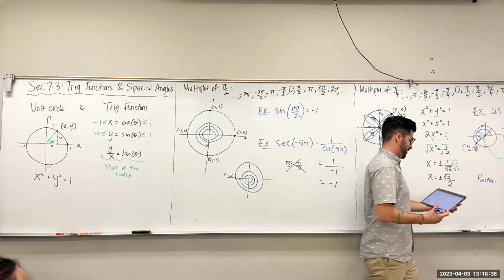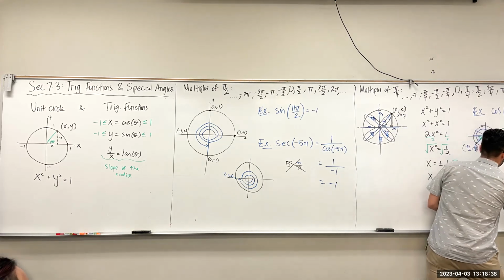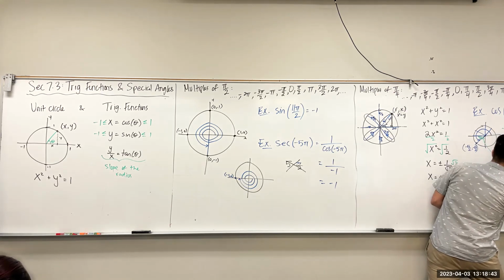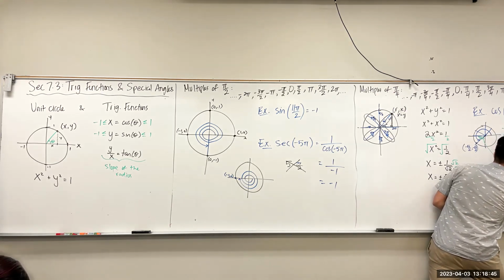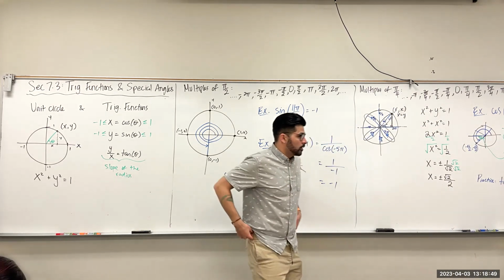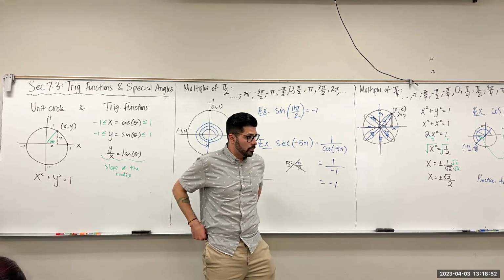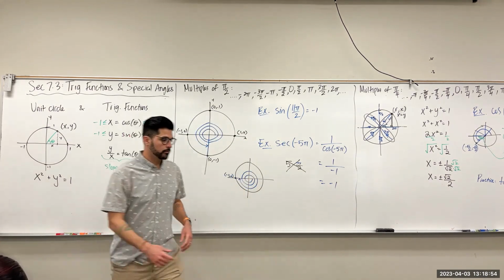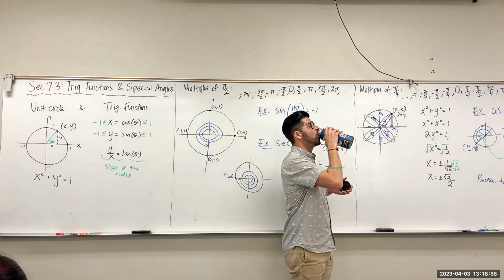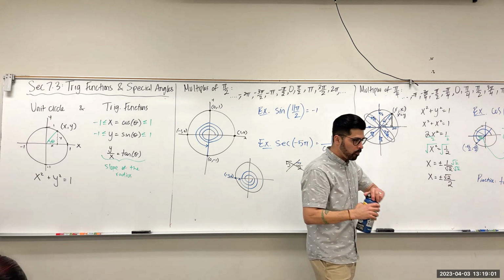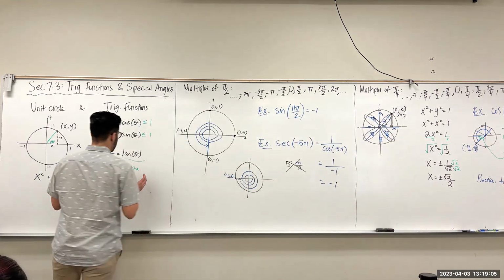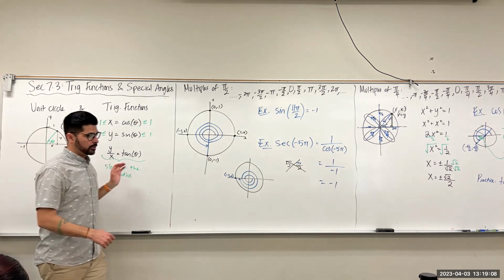I get so excited. Okay, so let me have you guys work this bad boy out. Tangent of negative 3 pi over 4. Remember how we define tangent in the unit circle.